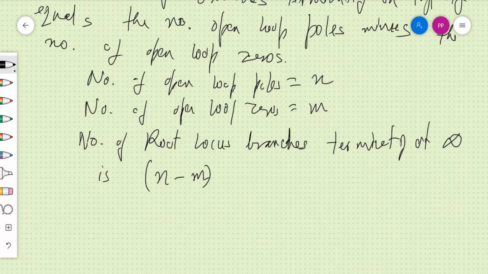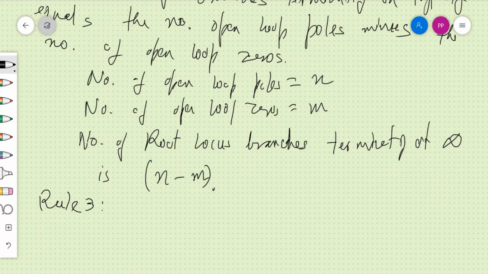Next we go for rule 3. Rule 2 will be implemented soon once we start working from rule 3. The next rule is that for a point on the real axis on the root locus, if the number of open loop poles and open loop zeros together on the right of that point is odd, then definitely that portion should be part of the root locus on the real axis.